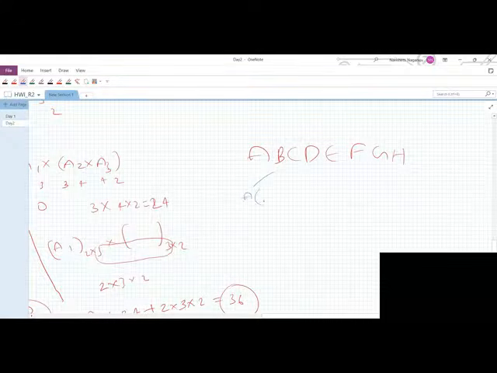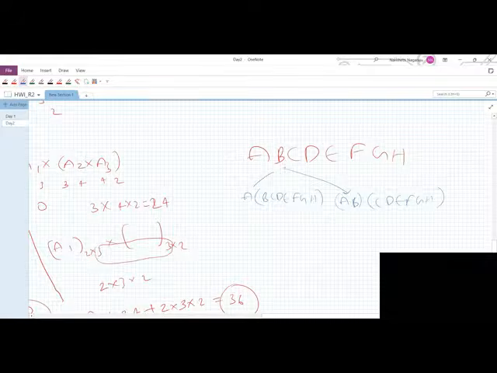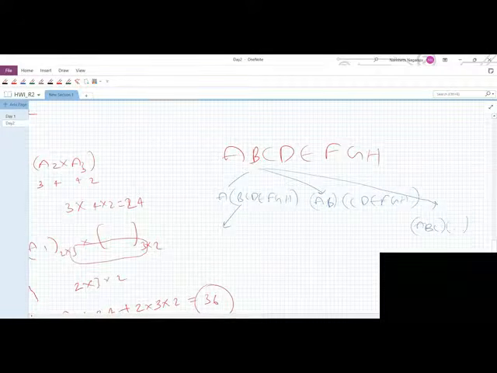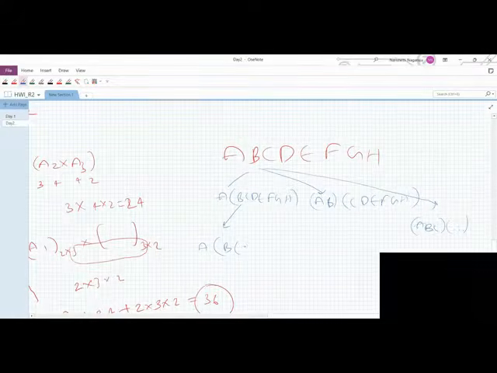One way is A into B, C, D, E, F, G, H. Another way is AB into C, D, E, F, G, H. And another way will be A, B, C and so on. And again at each step we have multiple ways to solve this. A will be the same, and we may take just B once, and separately C, D, E, F, G, H. Again, this may have multiple ways of solving.